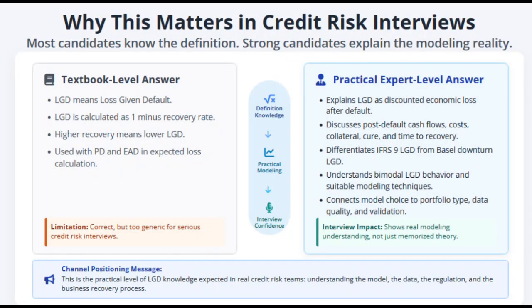And from an industry perspective, if you are preparing for an interview, you should now be able to discuss LGD modeling at a level that demonstrates real practical knowledge. Most candidates stop at the textbook definition, but I believe that now you have the depth to discuss the actual modeling approaches, regulatory requirements, and practical challenges.